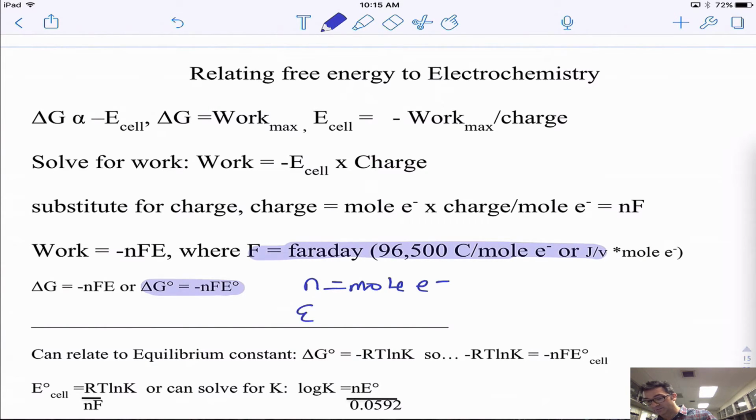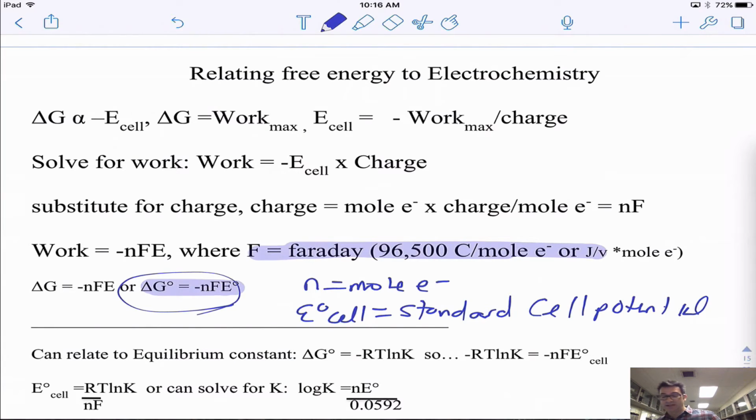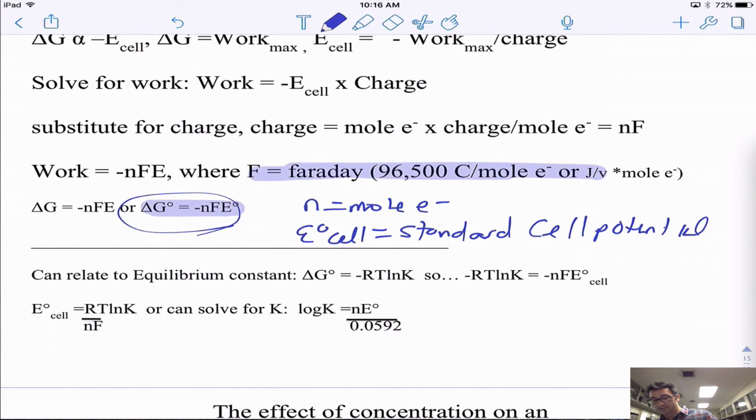And the E cell is equal to the standard cell potential. This equation, you're given it on the AP exam, so I wouldn't worry about memorizing it too much. Now we can also relate the equilibrium constant to the cell voltage.